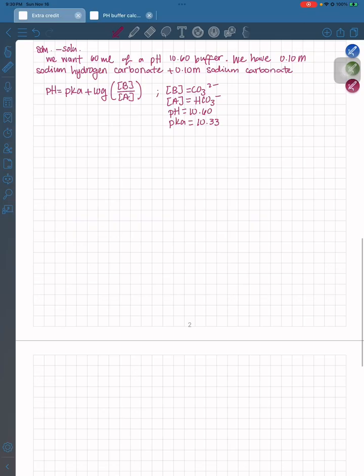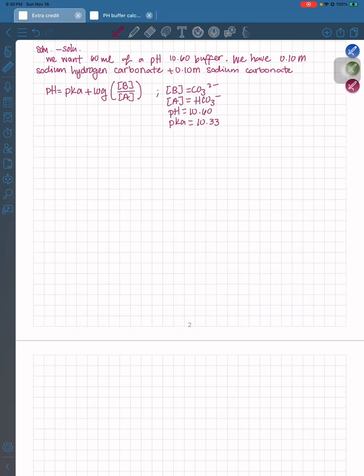Moving on, I'm gonna start off with my solution of 10.60 pH, and I wrote some directions for myself. So again, I want a 60 milliliter solution of a pH of 10.60 buffer.